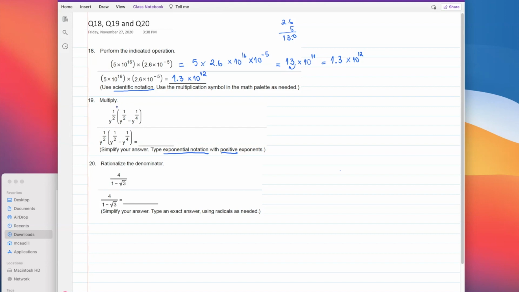You're going to use the distributive property here, and then you write y to the half multiplied by y to the half, minus y to the half multiplied by y to the 1/4.